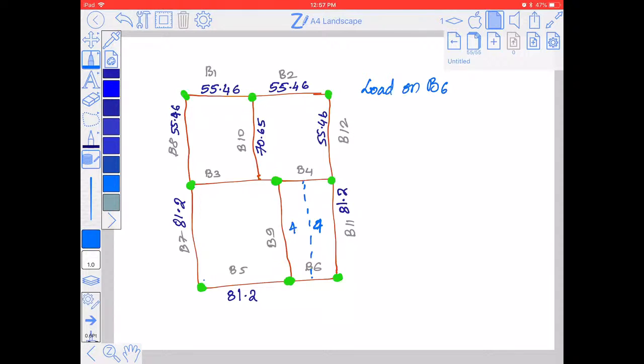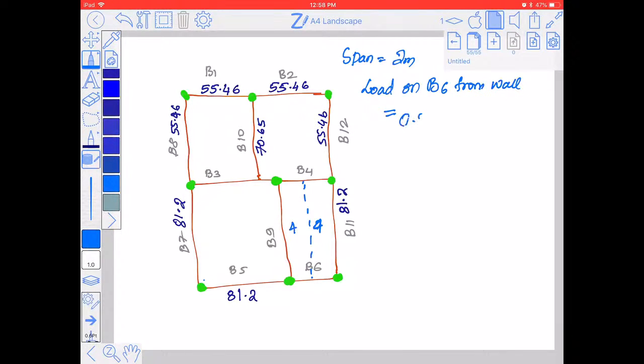So here the span of B6 is equal to how much? It is only 2 meter. And we don't have any load from the slab, right? We don't have any load from the slab. So load on B6 is from wall itself.